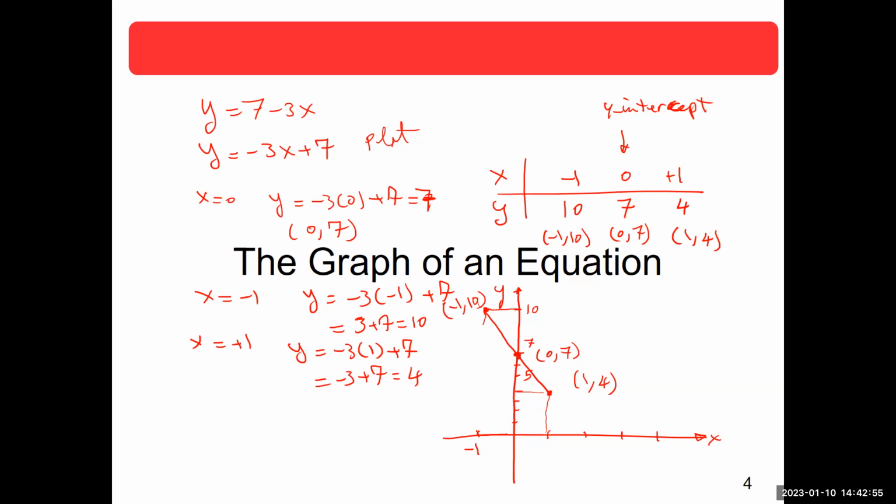Well, what happens if I continue? You remember the line is infinite length. So if I continue drawing this line, oh, we intercept with X. So this one is the x-intercept.